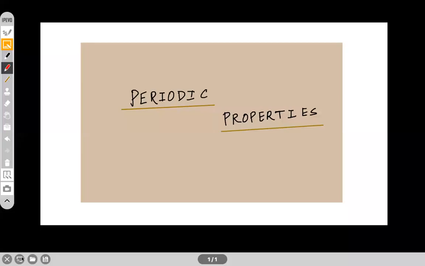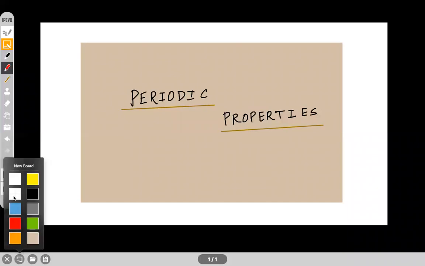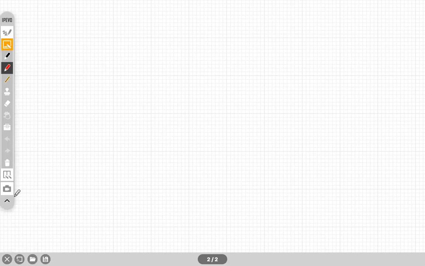Fine. So, okay, so we'll start with ionization energy. Okay, write down the heading.